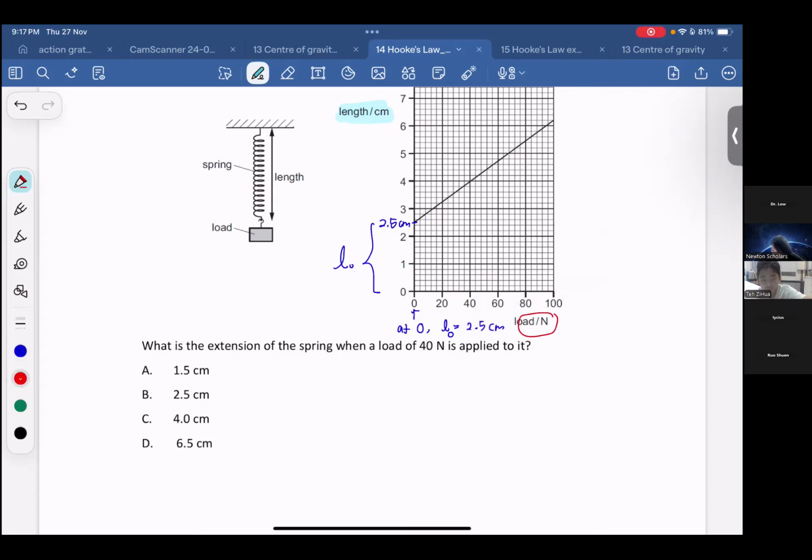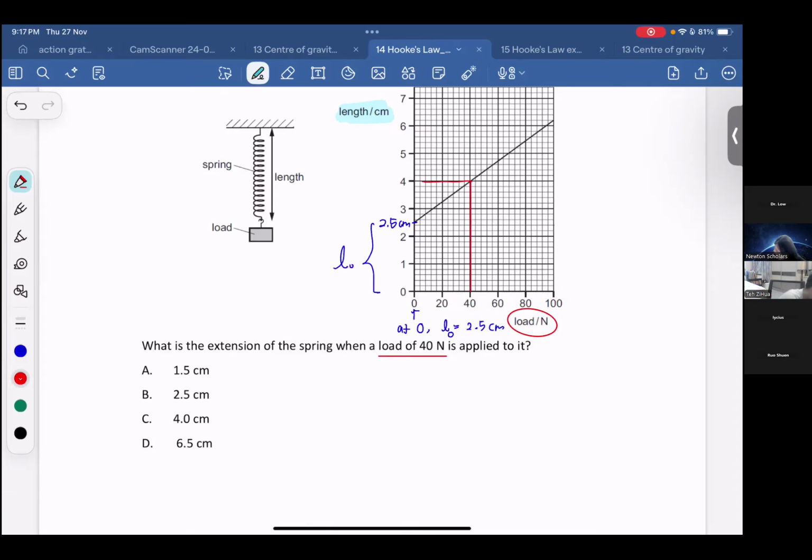40 Newton. So this one we don't need to do anything, because this is load. It's already what we want to find. 40 Newton. So here, let me check your answer. Emily correct. Zihua correct. 40 Newton, we go up. Okay, then we go here. 4 cm. Is 4 cm our answer?